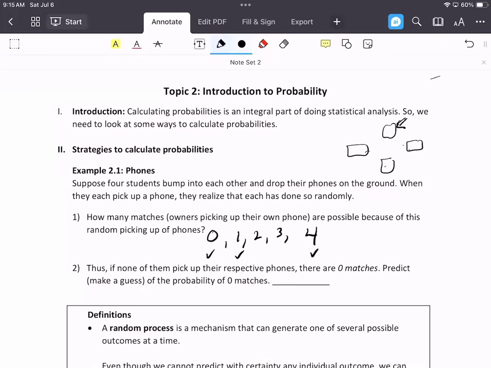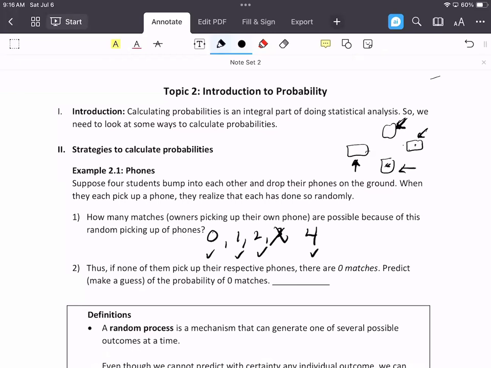Could, let's say, this person and this person get their phone and then the other two have the wrong phone? Yep. Well, what happens if this person and this person get their phone? What has to happen by default? Well, that person has to have their phone. So three is not an option. Three is impossible. If three get their phone, the last one has to get his phone too.